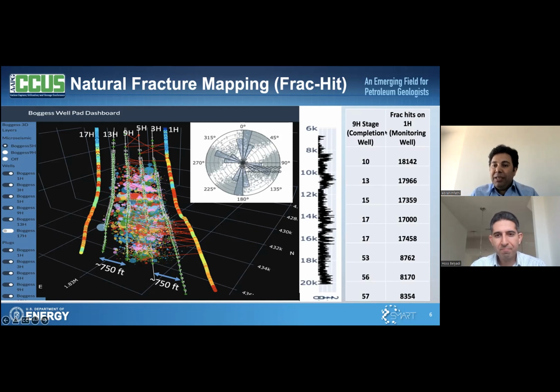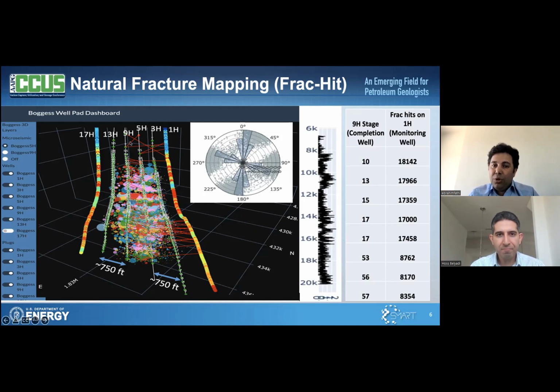And from there, here in this table, for example, you are looking at the 9H stage completion well and the frac hits on 1H. For 9H, at what locations and what stages did we see that frac hit, which is collected through the DSS, confirmed with the microseismic and fracture intensity log.